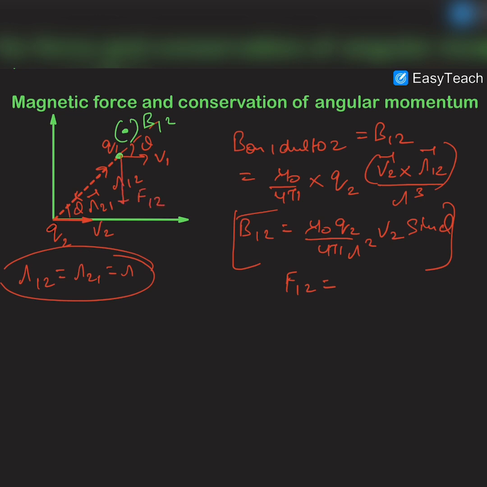So F12 will be Q1 into V1 into B12, and sine theta is 1 because theta is 90 degrees.